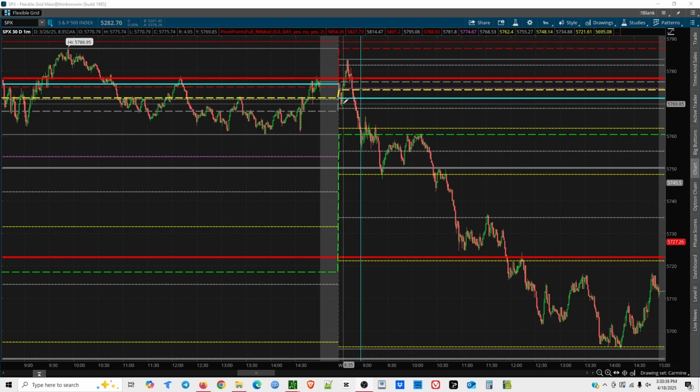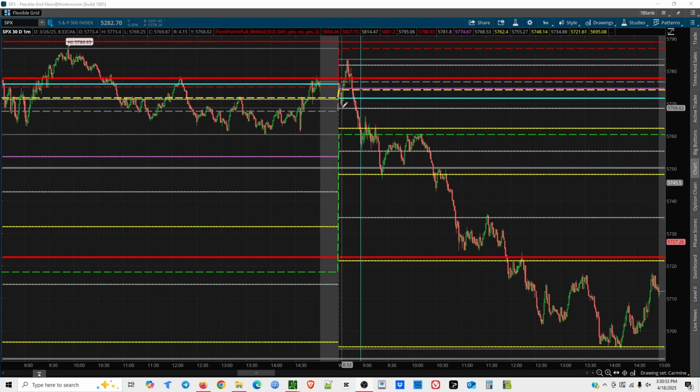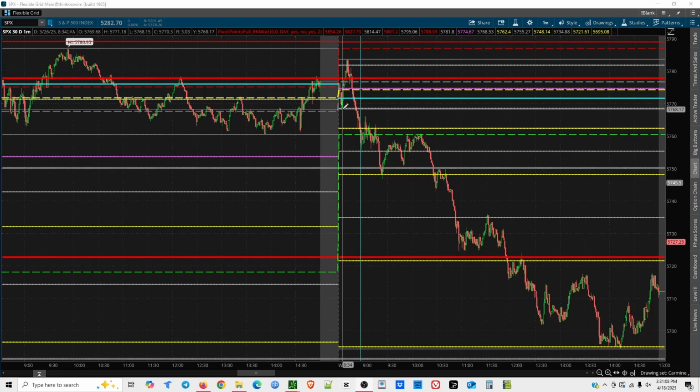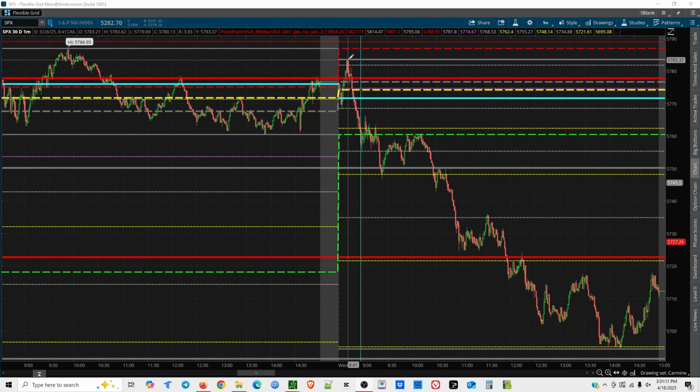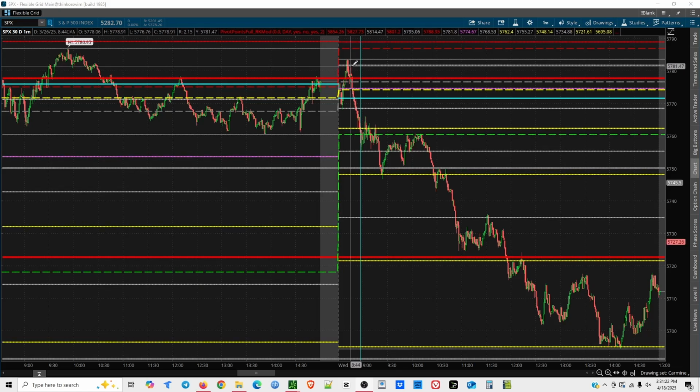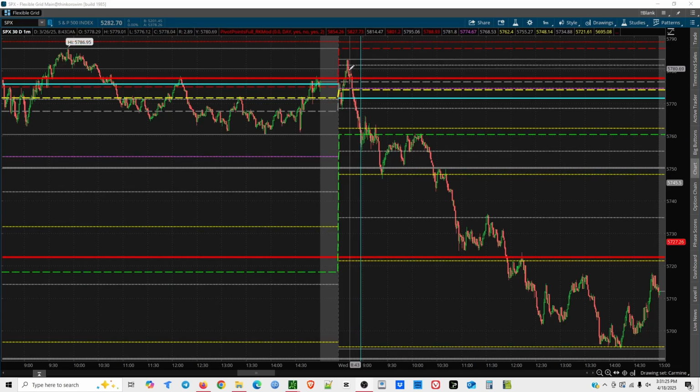Now on this particular day, SPX opened and drove down to this pivot line here and just beyond it to the previous day close, which was still a significant line. And it ran all the way up near the previous day high, but couldn't even get there before it turned around right around this mid pivot line right here.